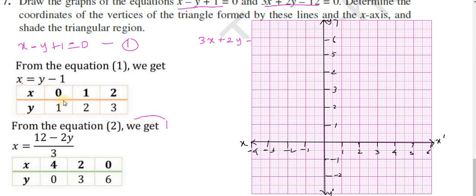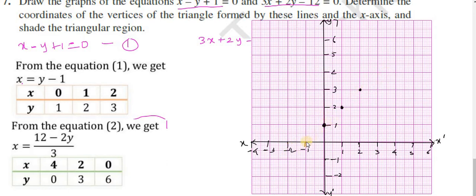What's the first point? We'll go for the first equation: 0 comma 1. Next 1 comma 2, and 2 comma 3. Okay, take the scale and draw a line like this.